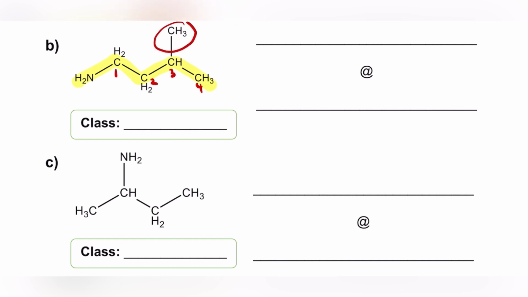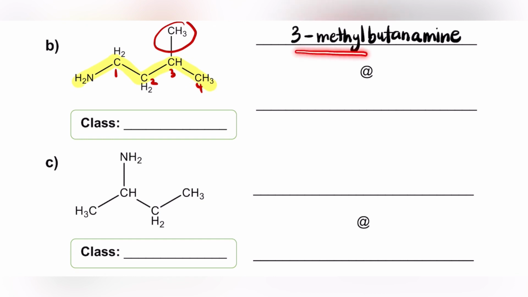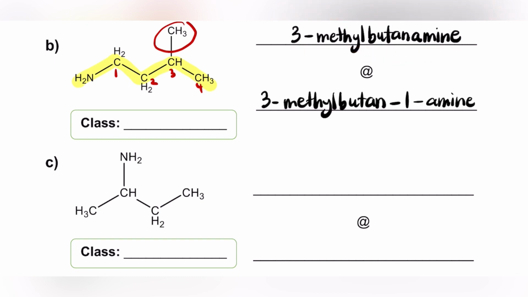So the name for this one will be 3-methyl butanamine. You can also give the name by separating the family name as 3-methyl butan-1-amine. So this amine, you can see that nitrogen attached to this whole alkyl group. So we call it as primary amine for its class.